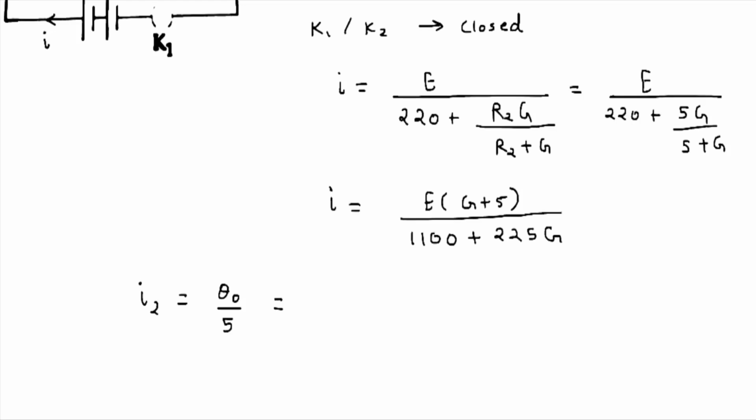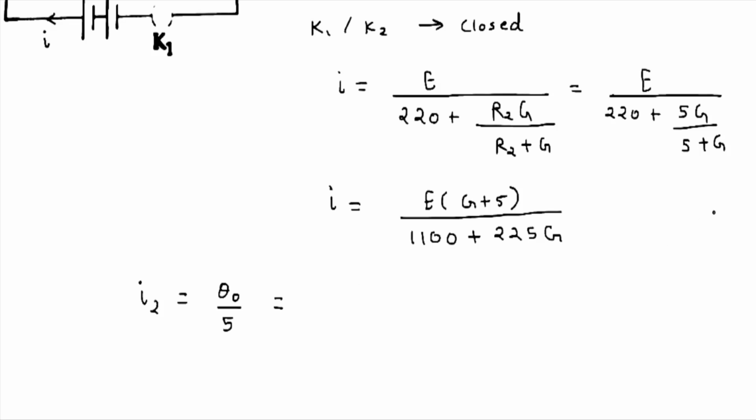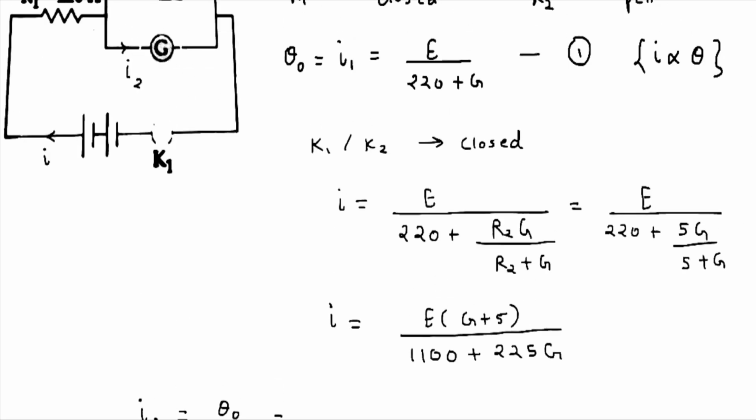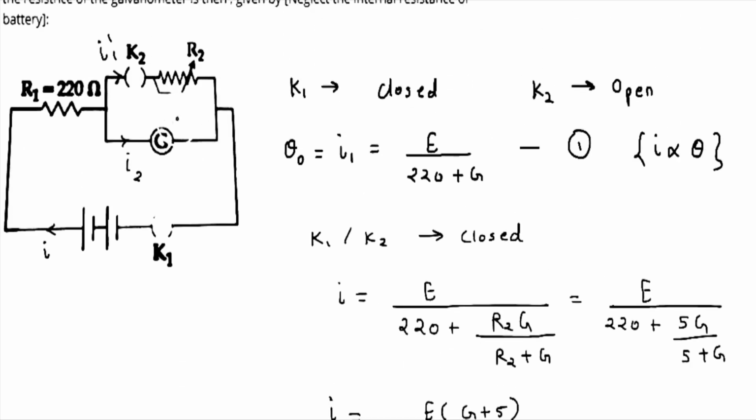For I2 I would suggest remembering this trick. We are interested in finding the current through the galvanometer. So for that we first write the total current value, which we have calculated as E into G plus 5. And after that we write the resistance other than the one through which we want the current, so the resistance left will be R2.